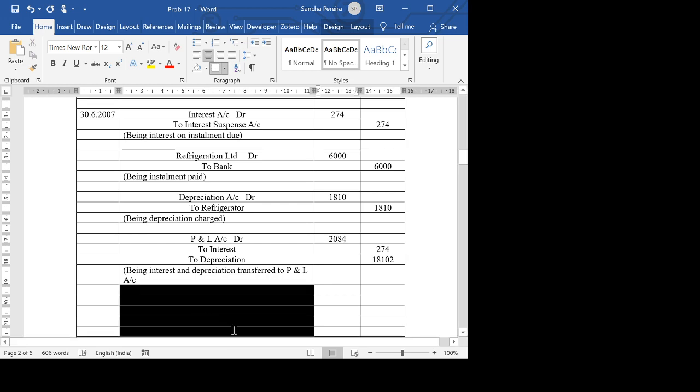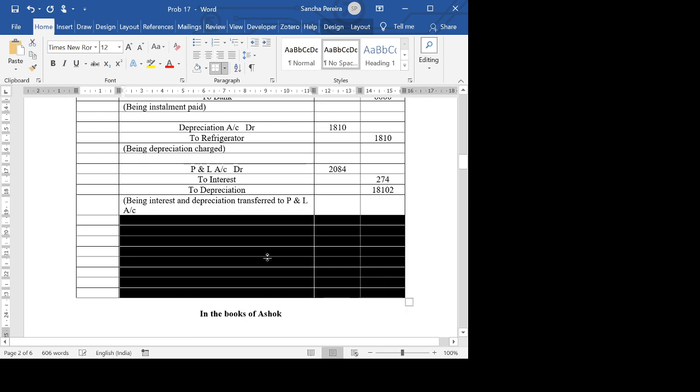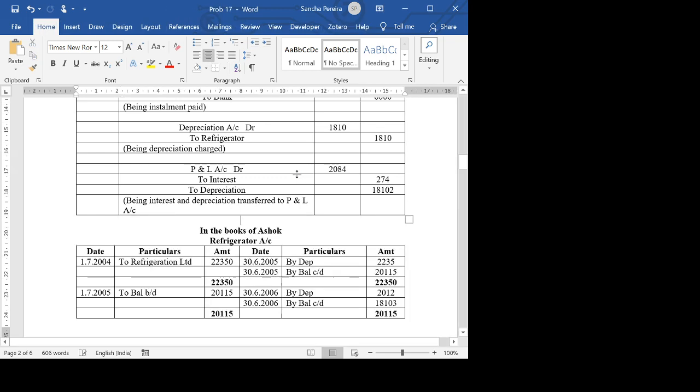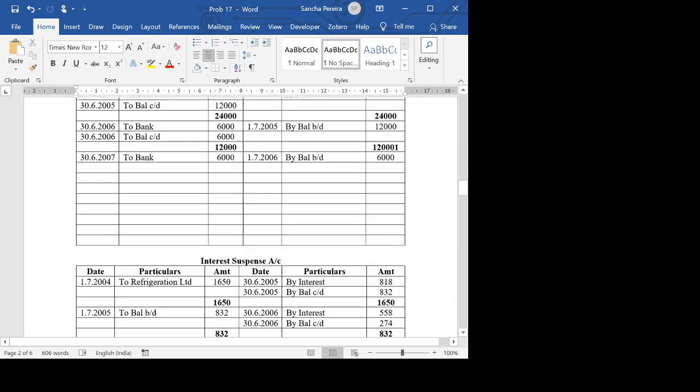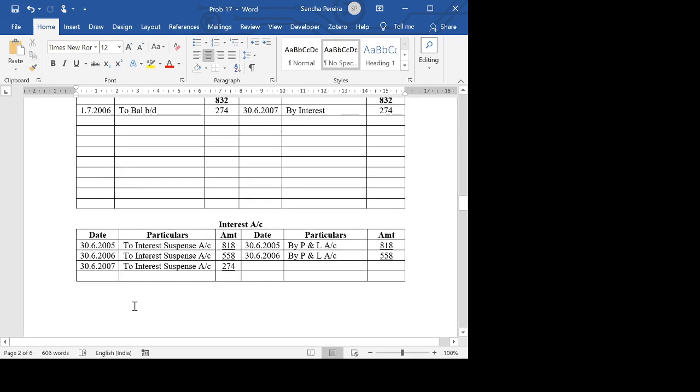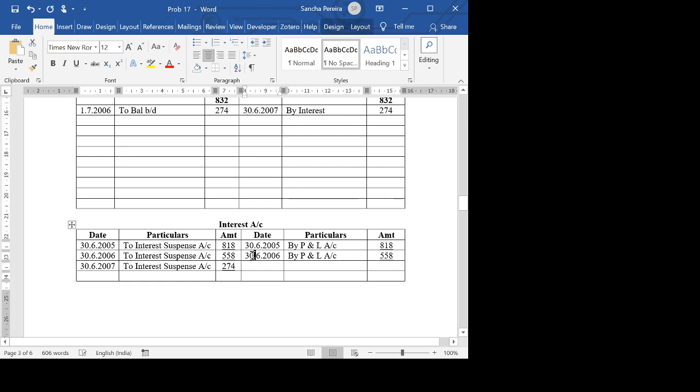We don't need all this. So in interest account, we need to say by P&L account 274. If there was depreciation, in depreciation also, like I did in one problem, it would be by P&L account. We don't need that extra row.